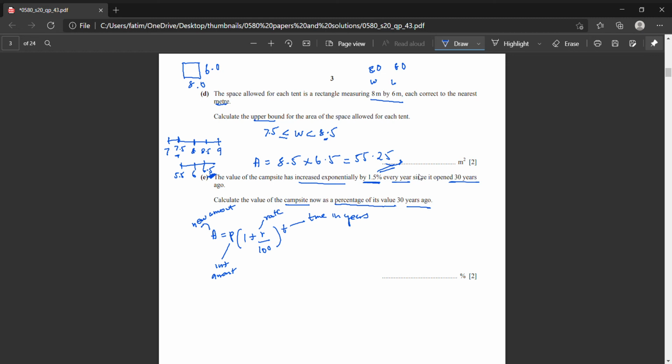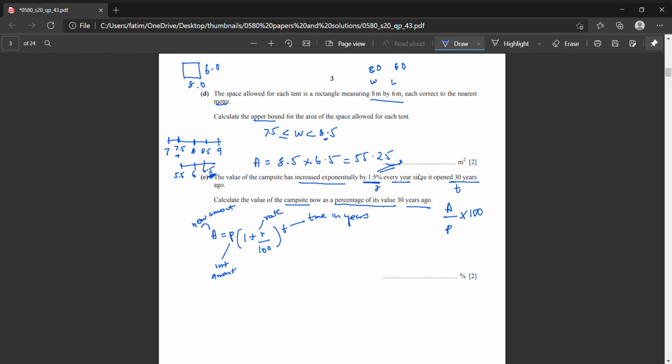Okay, so here we're given the rate 1.5, we're given the time 30 years, and now we're being asked to calculate the value of the campsite now as a percentage over the value 30 years ago. So that basically means the value you have now upon the initial value from 30 years ago as a percentage. So that means into 100. So we have to rearrange this formula to give us A by P into 100.